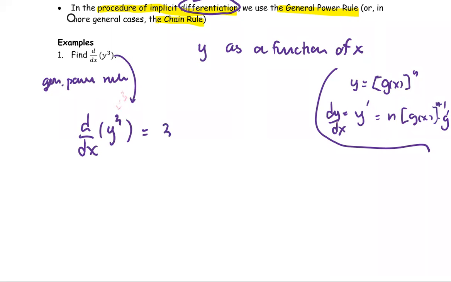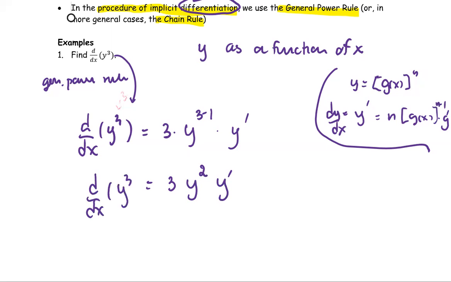So it's going to be 3, and then pretend like y is the same as the g function, since we don't know what y is going to be. So it's multiplied by y to the power 3 minus 1, and then multiplied by y prime. So what we have is 3y to the second, multiplied by y prime. And this is the derivative of the expression y to the third power.